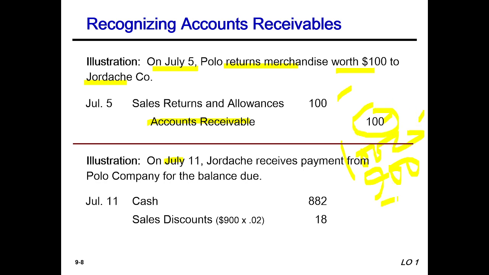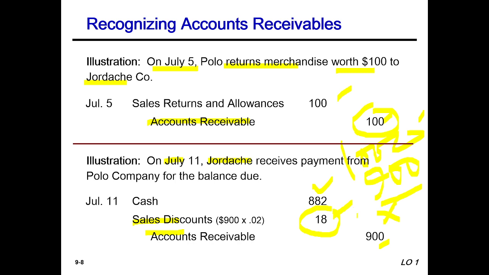So $900 times 2% is $18. We call this the sales discount, and it is a loss for George's company. Here accounts receivable must be 900, and George's company will receive $882, and the sales discount is $18, which is a loss.